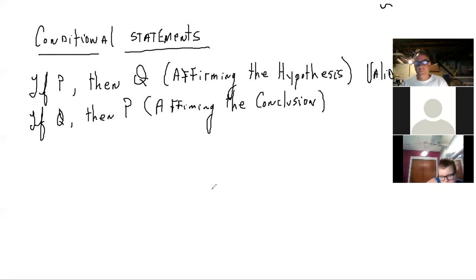If you assume the conclusion is true, that does not necessarily logically go back to show the hypothesis. P is the hypothesis, Q is the conclusion. This is an invalid argument.